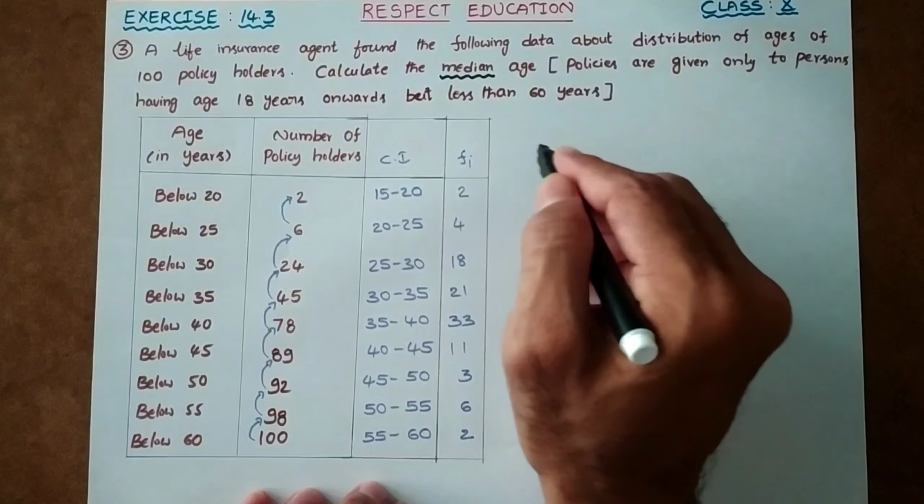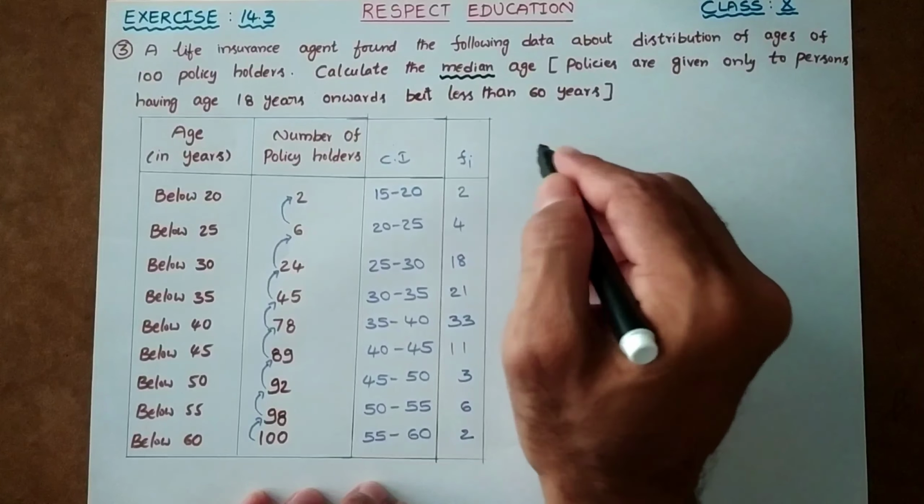In which the preceding one is called cumulative frequency Cf and this 33 is called F, and here the lower limit is L, the lower limit of the median class.